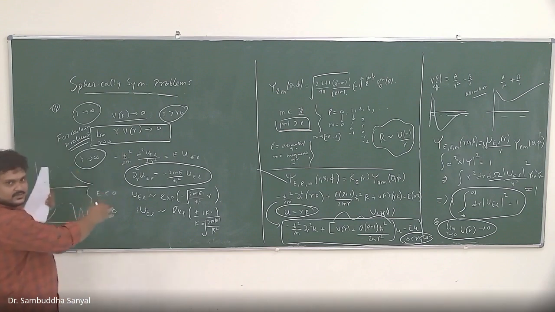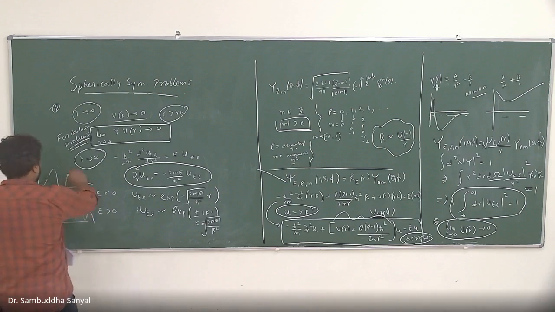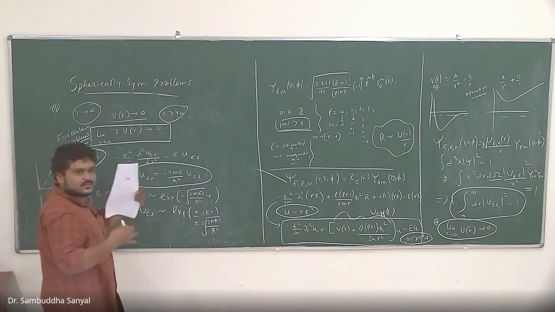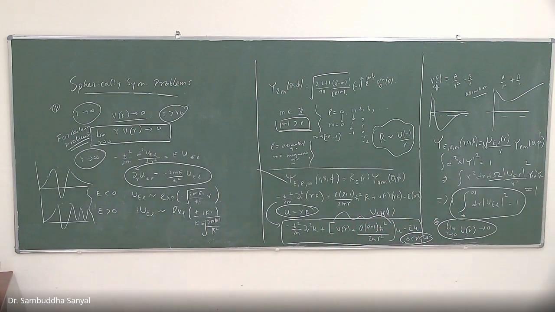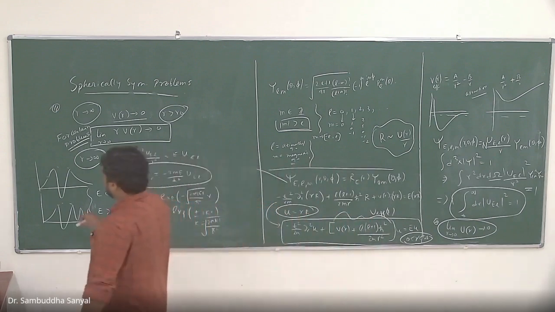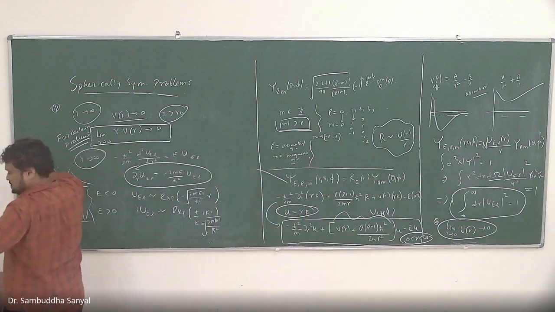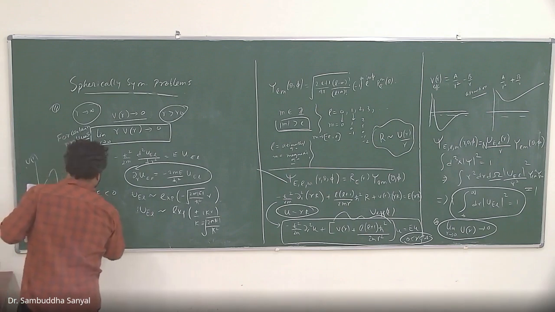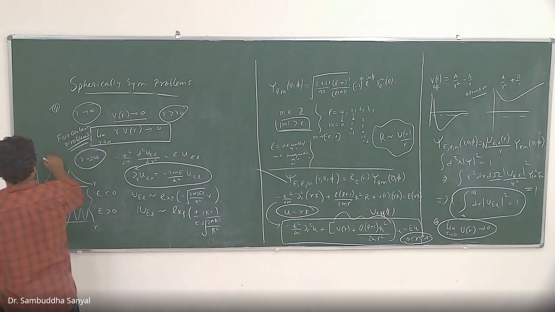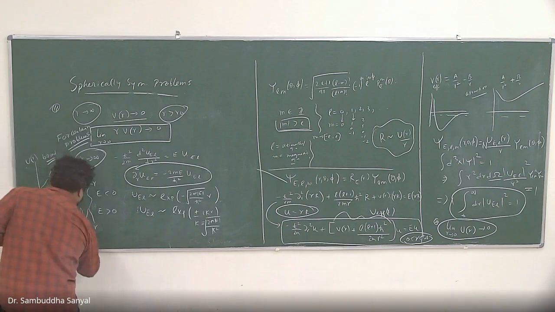These are the asymptotic solutions. They will have nodes, and that depends on the details of the problem, at which level the node theorem etc. will come. But this is basically the structure of the problem. This is the bound state. I am plotting u, not the full wave function; the full wave function is u by r. So this is the bound state, and this is the scattering state.